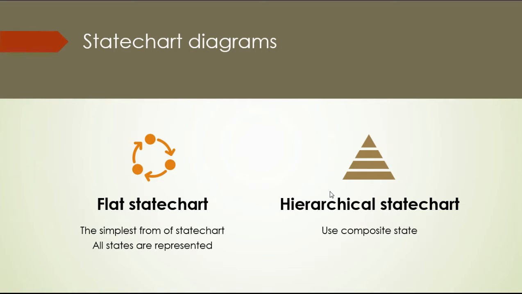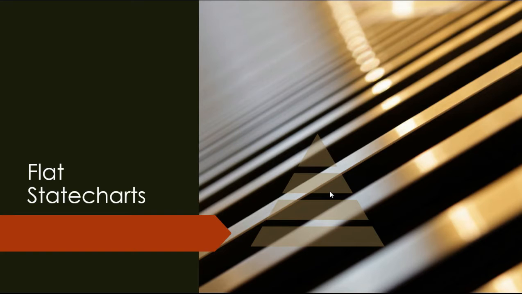In this state chart, we have something we call a composite state or a super state, which is a state that consists of many substates.